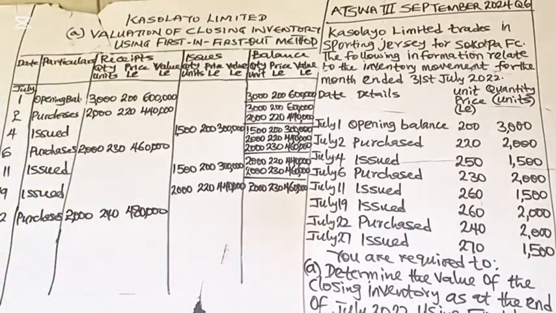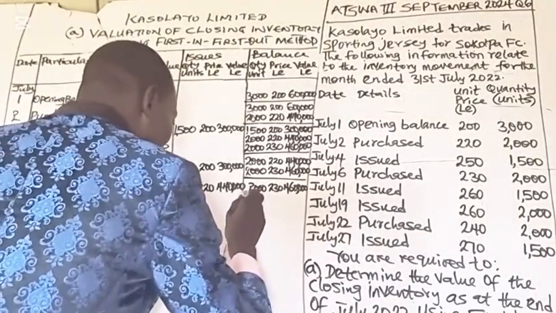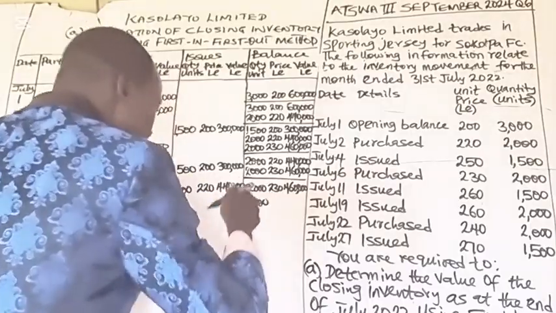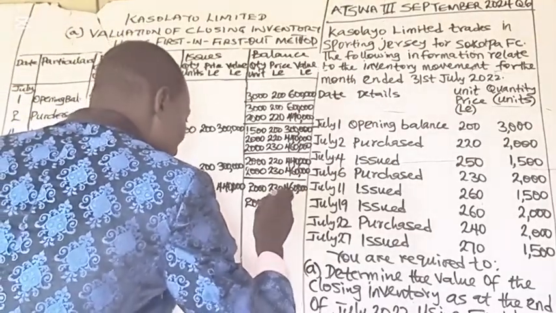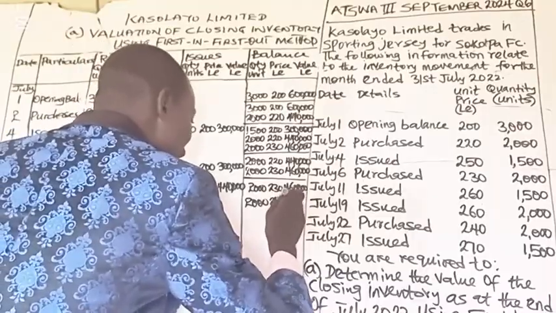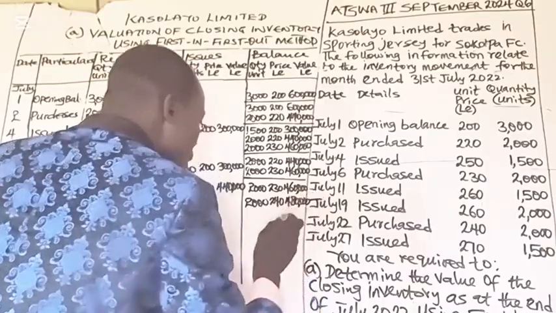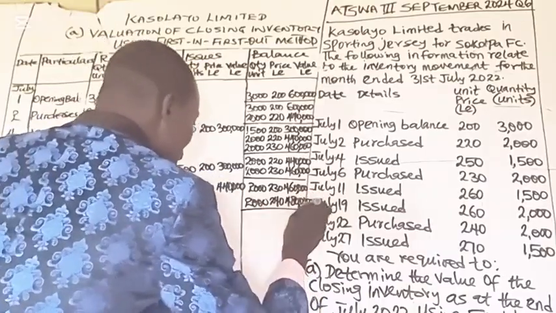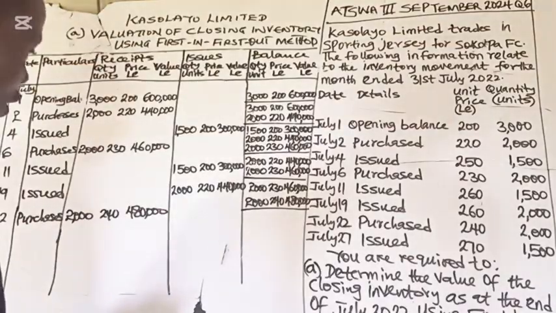You go to the balance column and add this there. So your balance becomes another 2,000 at the price of 240, so we have 480,000.